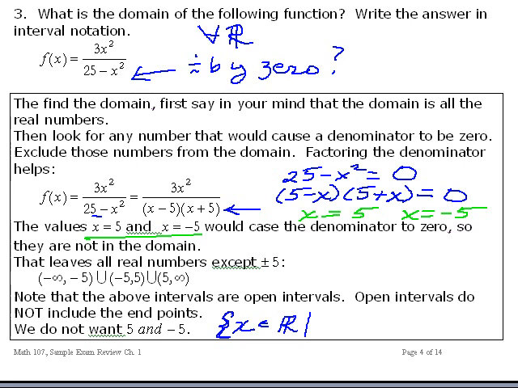The vertical line means such that. Right. X is not equal to, my virtual ink seems to be running out, 5 or negative 5. Now that's set builder notation, and it's perfectly fine. All right. This means all the real numbers except x being 5 or negative 5, because those are the ones we threw out of the domain.